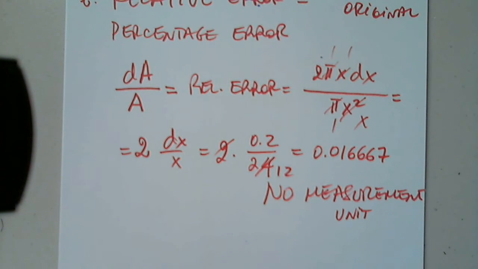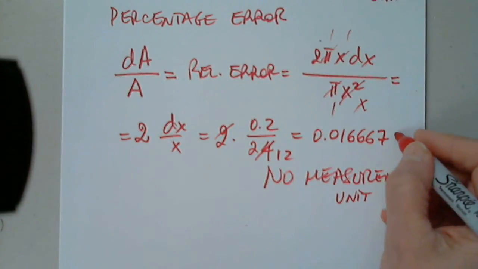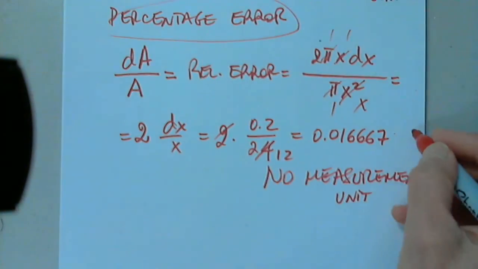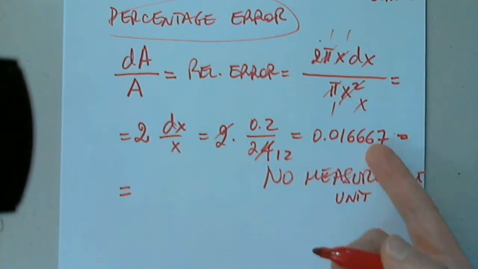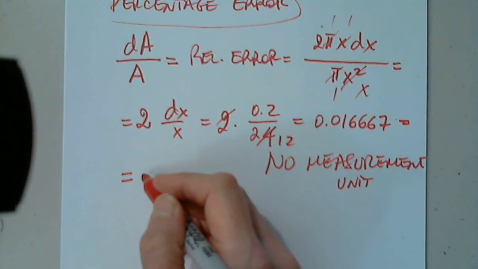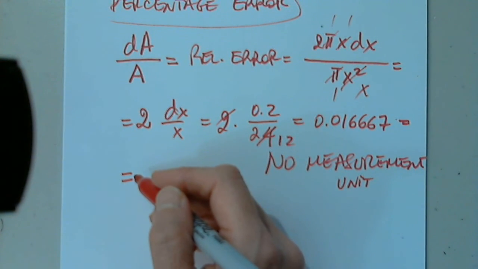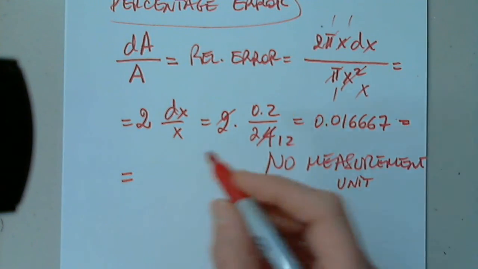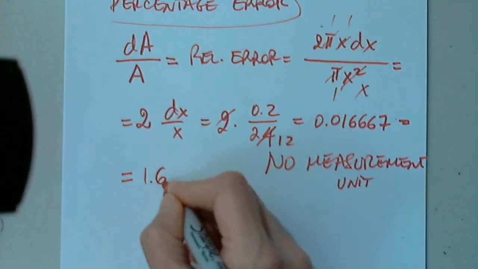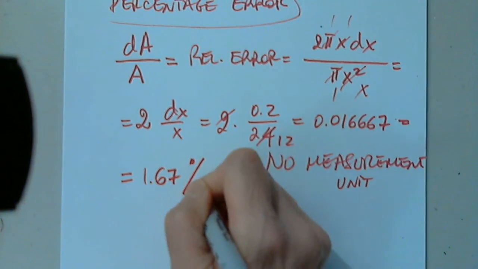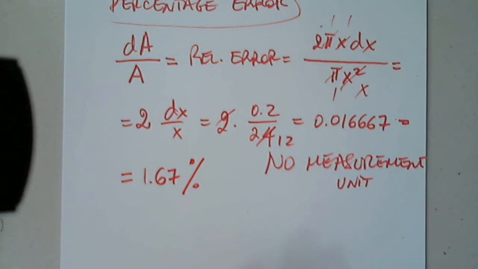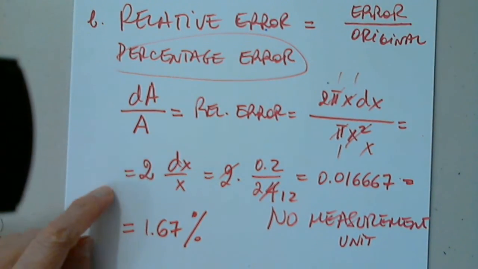It's centimeter squared divided by centimeter squared. And now the percentage error. Can anyone change this into percent for us? 1.67%. That's it. So what does this mean?